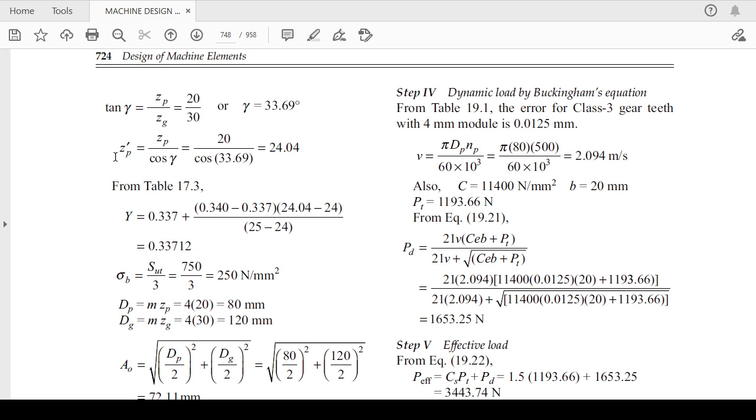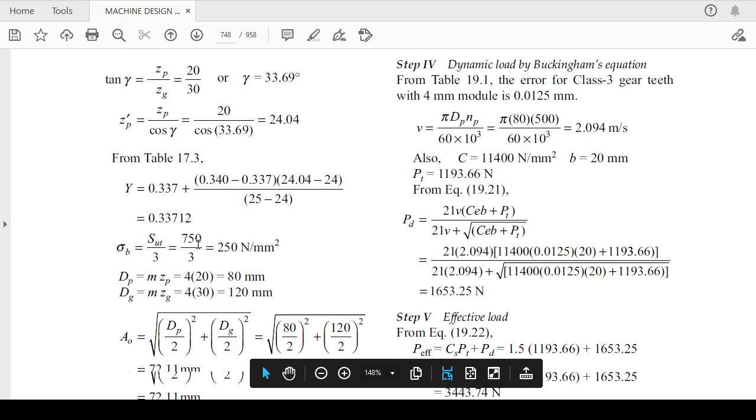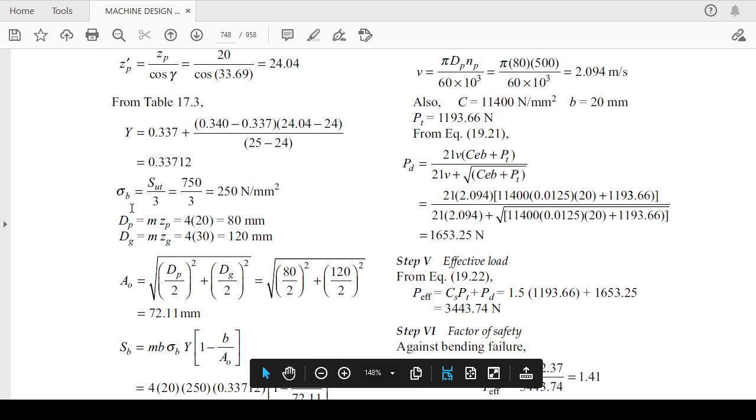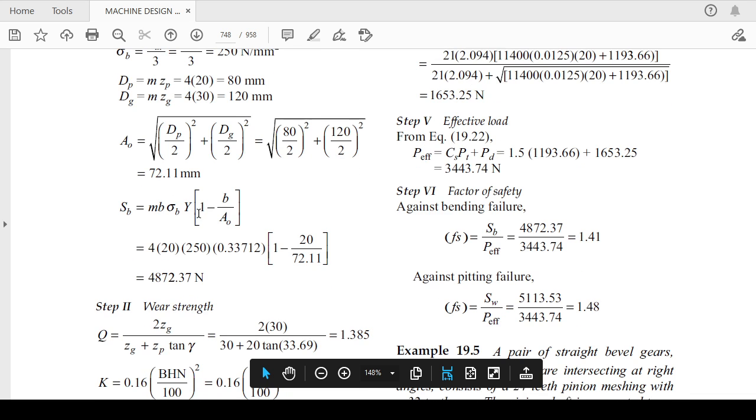Then we can calculate the formative number of teeth, because on the basis of that you have to calculate the Lewis form factor. And sigma B, which is the bending stress, is SUT by 3, as I have already said. Then you have to calculate the value of A naught, which is necessary for the calculation of the bevel factor, 1 minus B by A naught, in the beam strength formula.